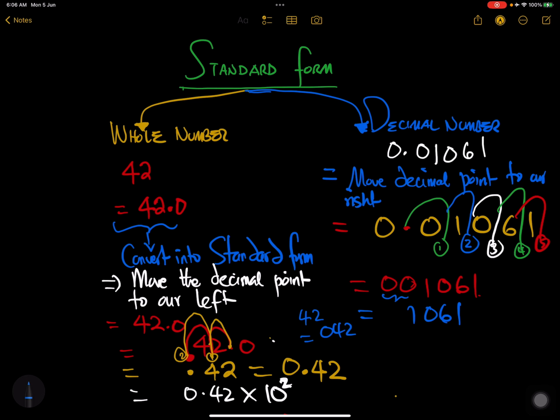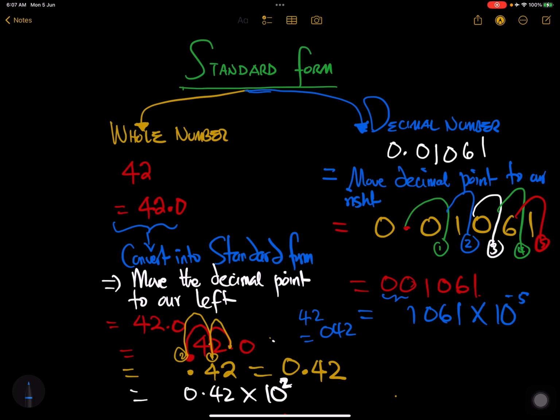So 1061, we're going to multiply by 10 to the power 5. But this time it has to be negative. Why negative? Because we moved it to the right. We move to the right, it's negative. We move to the left, it is positive. I hope this also helped.